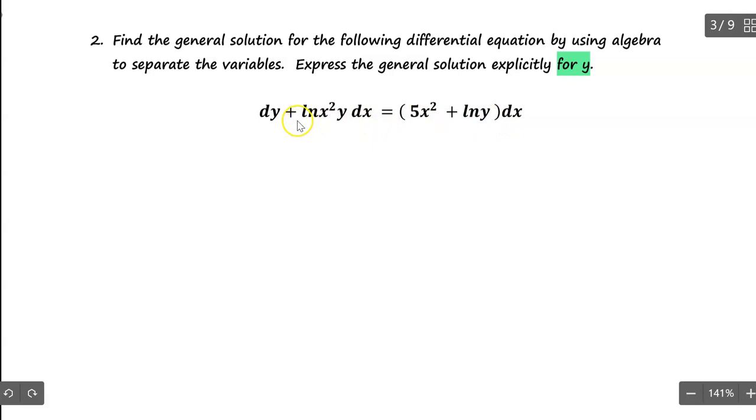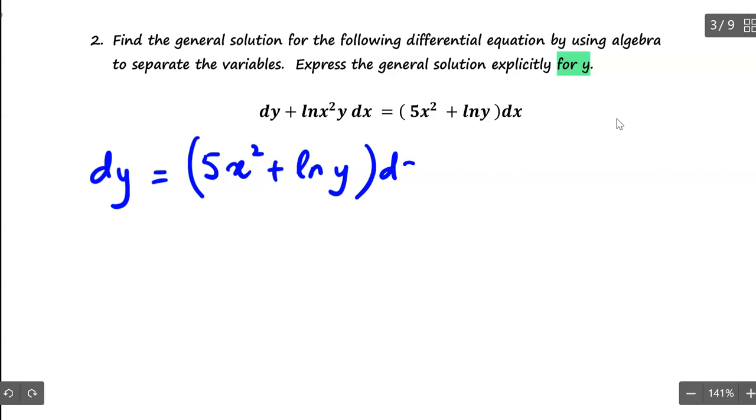So what we need to do is move this one over to this side of the equation, and factor out the dx. Okay? Move over to this side of the equation, factor out the dx. So I will have dy equal to 5x squared plus ln of y dx.